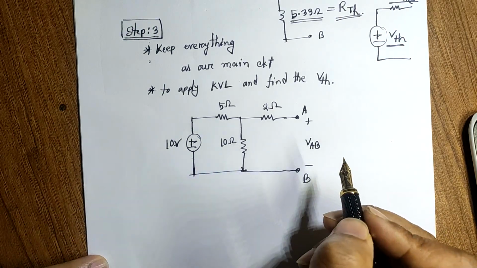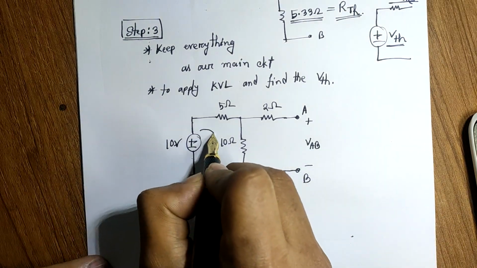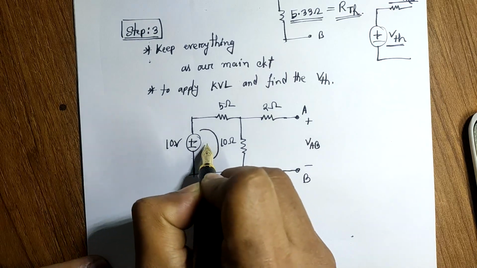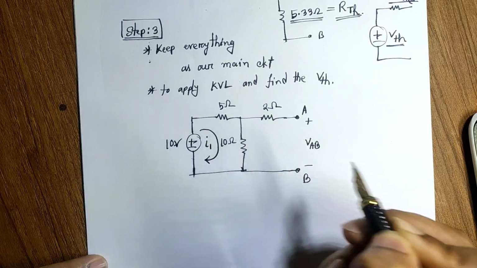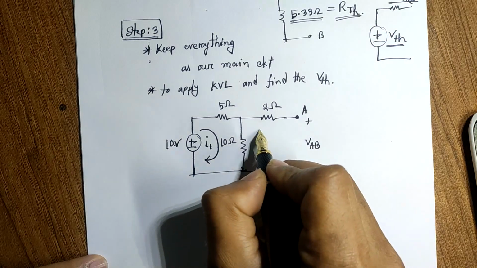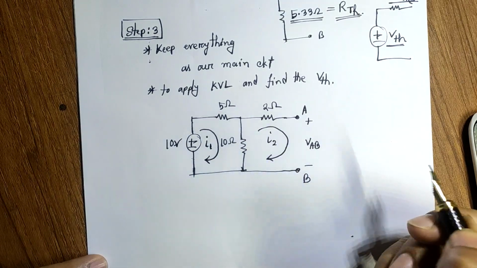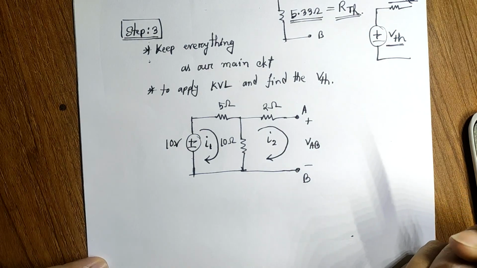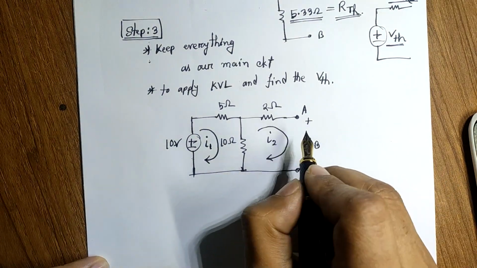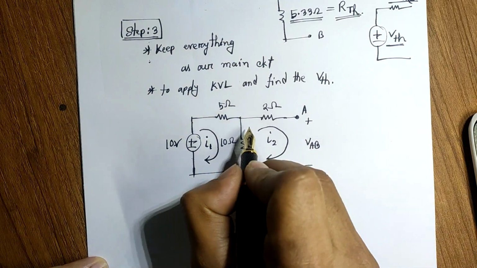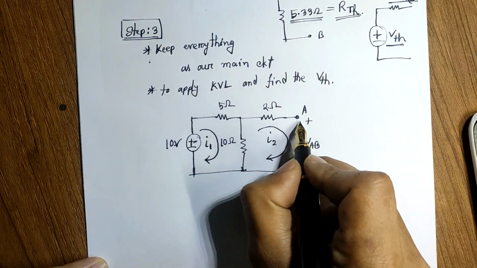Now as you can see that there are two loops here. This is my loop number 1, this loop has a current of I1, and this is my loop number 2, and in this loop let's consider there is another current I2. So someone will argue that there will be no current through this resistance, right?